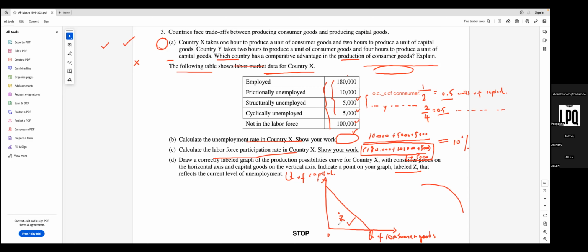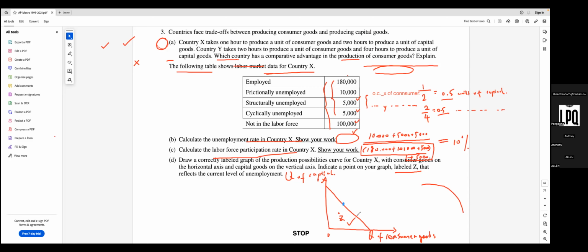If a production point lies exactly on the PPC, that means we are using all the resources and the best technology. The PPC is a line indicating the maximum production level, representing your maximized production ability.